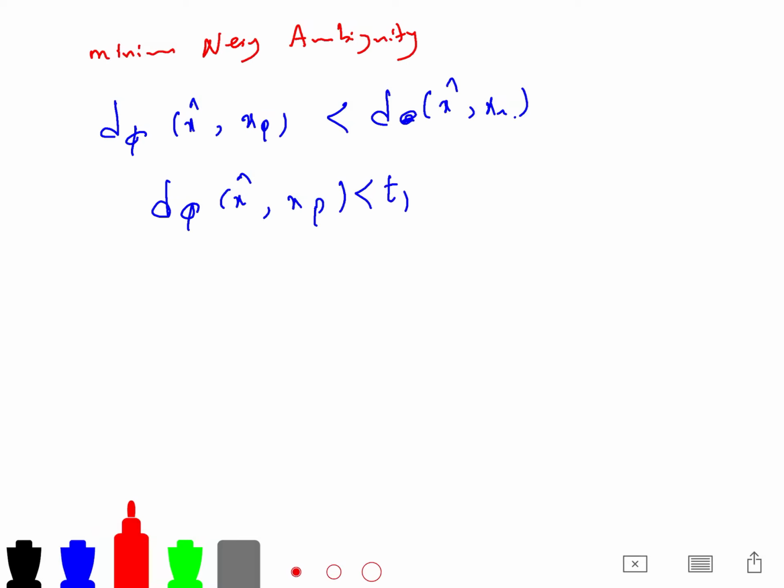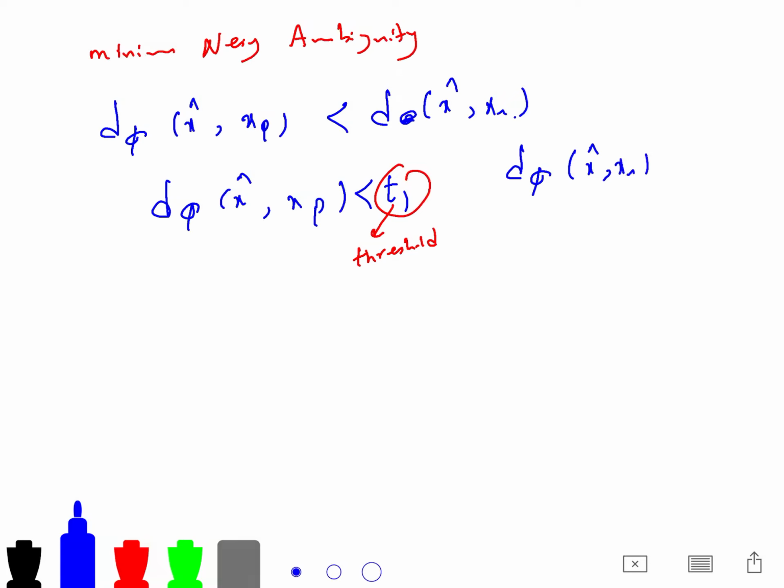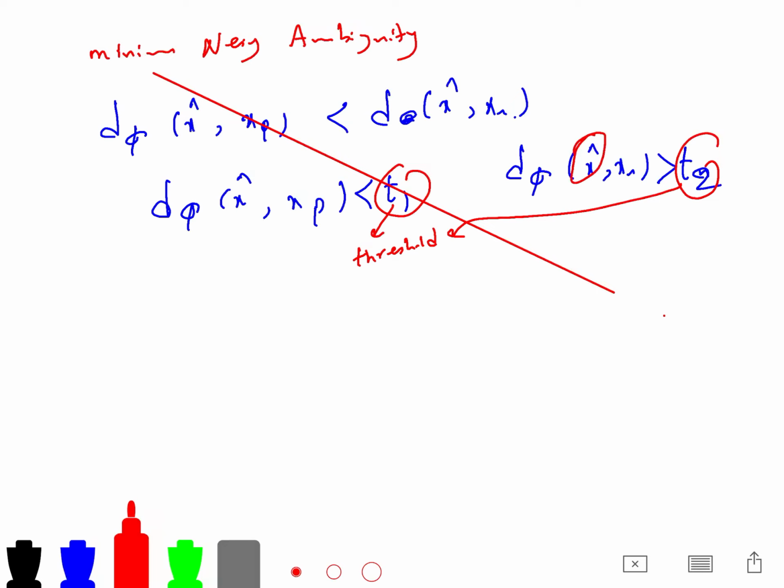Once you fix these threshold parameters, we call them thresholds, T1 and T2, you do it for all of the anchors, and it's very bad. It's a bad rigidity. So you're dependent on these parameters, and once they are fixed, you cannot do anything because they are fixed for all of the anchor points.